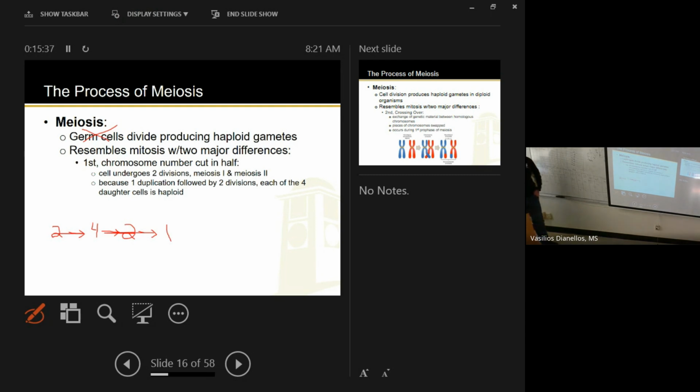So that's how it works: original number, double it during S phase, cut it in half in the first round of meiosis, cut it in half again. And that's just the easiest number I can give you as an example. For humans, obviously it would be a lot more than that, because we have 46 chromosomes or 23 pairs of chromosomes. So that's the first major difference between meiosis and mitosis.